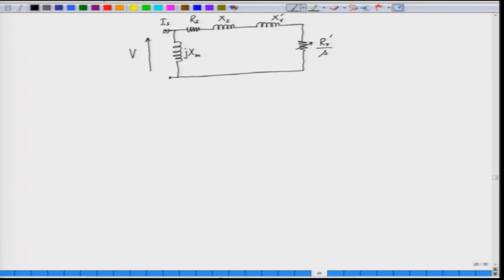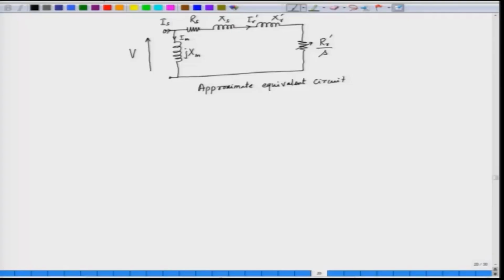The current which flows through the rotor is called Ir prime, and the current which flows through the magnetizing branch is Im. Now, this is called the approximate equivalent circuit. This approximate equivalent circuit is fairly accurate for the calculation to find out torque and speed of the motor.